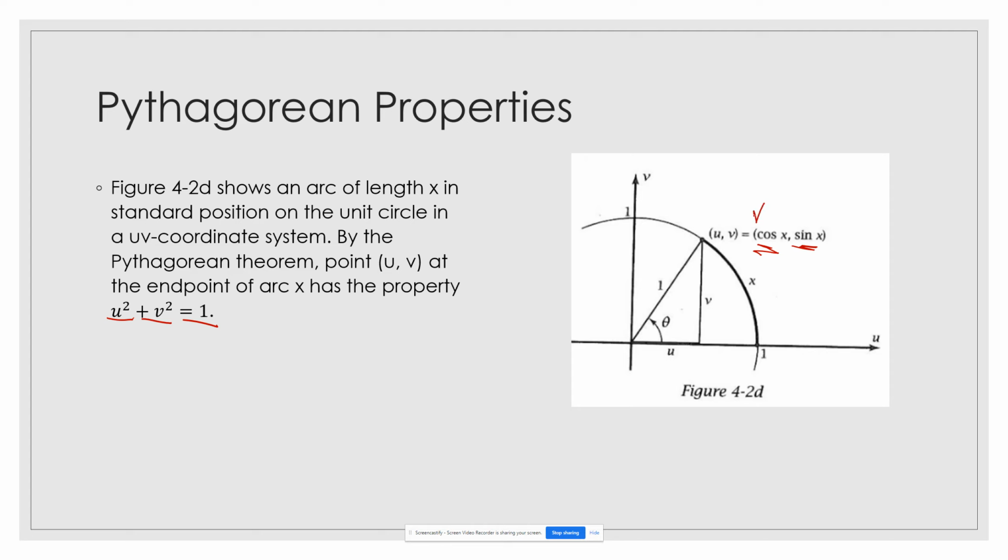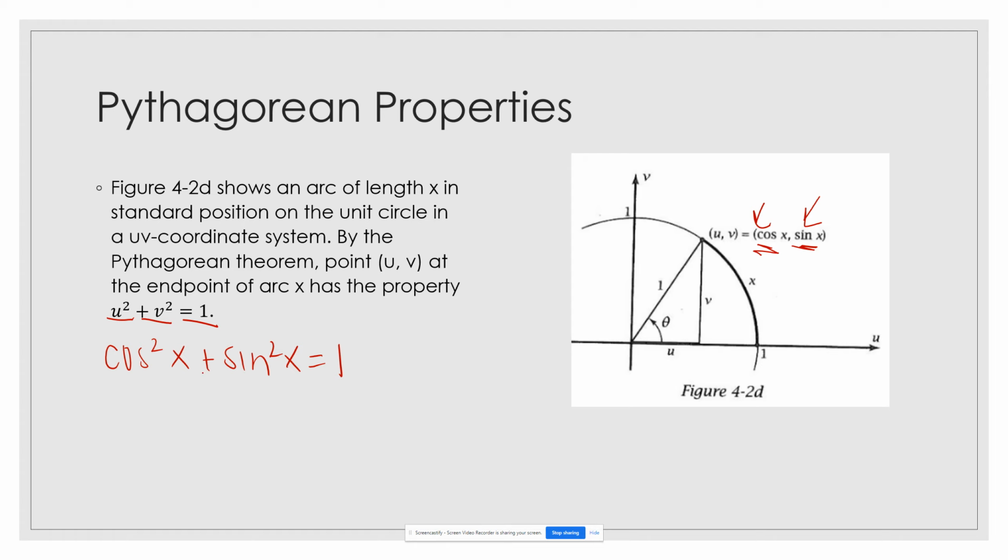So if we replace our u with cosine and our v with sine, we get cosine squared of x plus sine squared of x equals 1. And that's our Pythagorean property, and we know this is true every single time. We derived it in an earlier video. We showed how this is true. So that's our Pythagorean property.